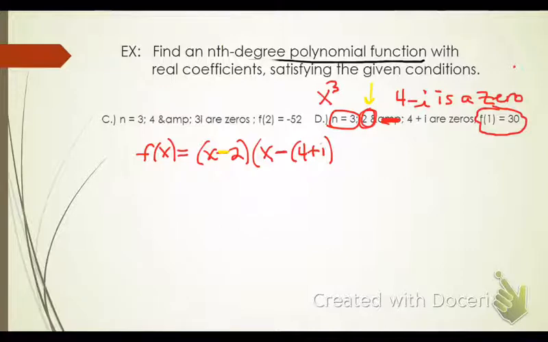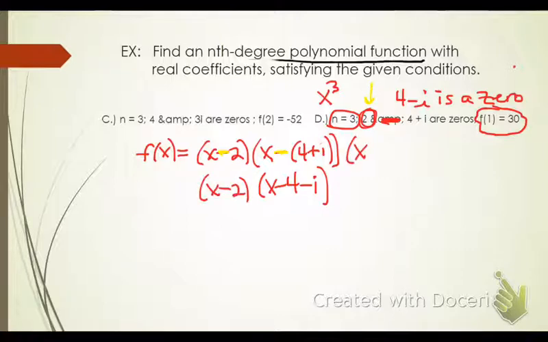You have to change the sign of both the 4 and the i when you write this factor. So when you actually distribute that negative, it'll look like this.